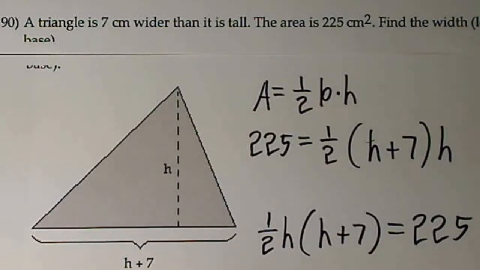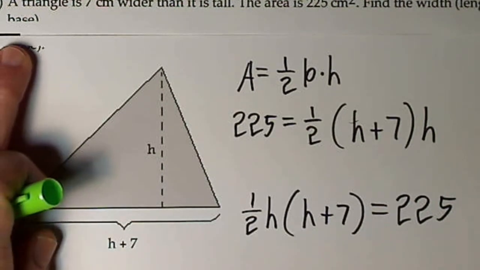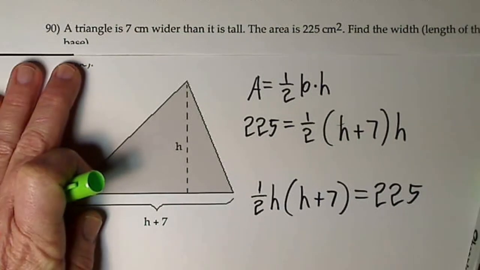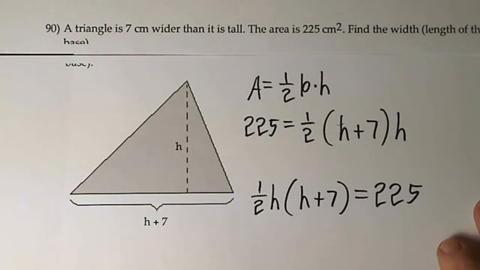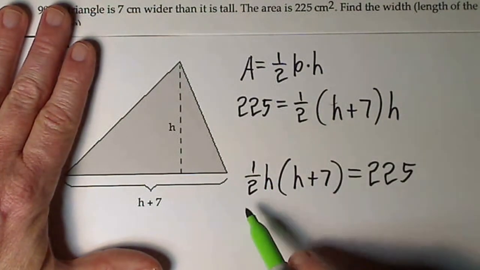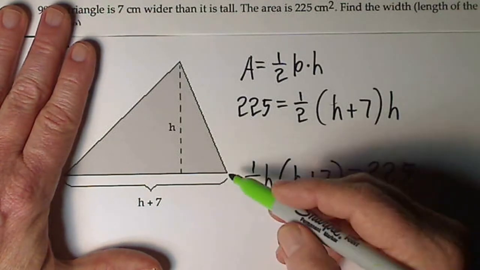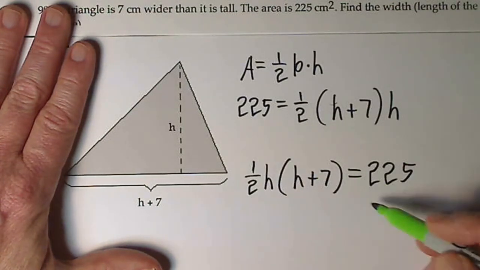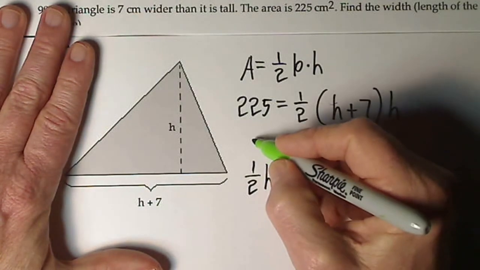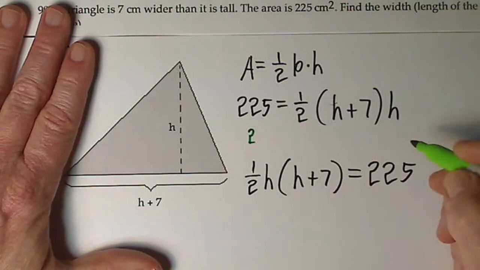I'll move this up a little. Actually, I better zoom out a little. Okay. To clear it of 1/2, I would look for the LCD, which is 2. I multiply each side of the equation by a 2. The stuff inside parentheses is protected, so I just multiply this side by 2 and this side by 2.